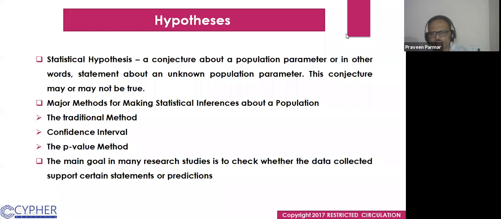It may be possible. If 5 persons are tossing 100 times simultaneously, they will all get different results. It might be possible. But the population parameter is what? It is 50-50%.